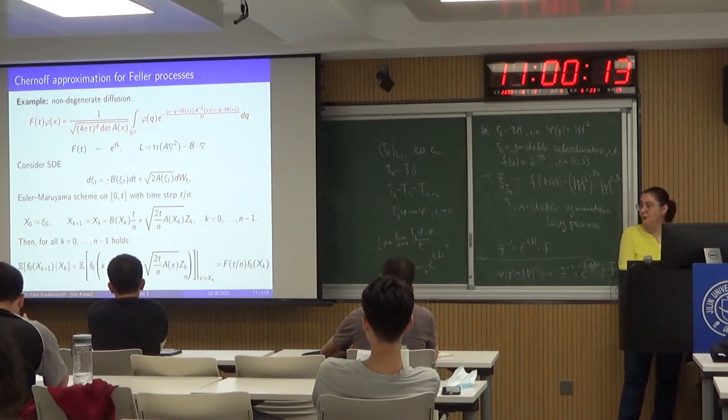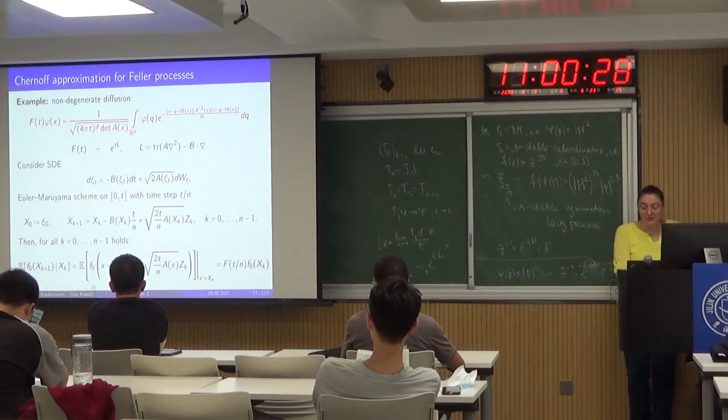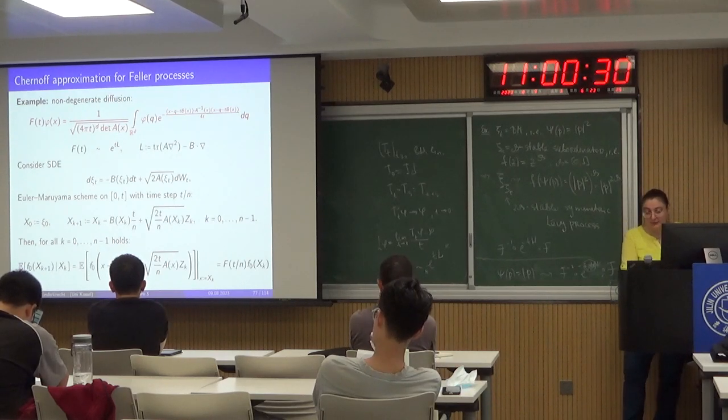It's a Gaussian random variable. This is the mean, and this is the variance. Hence, the expectation of this random variable is just given by this integral.